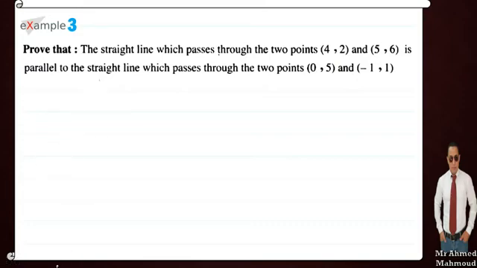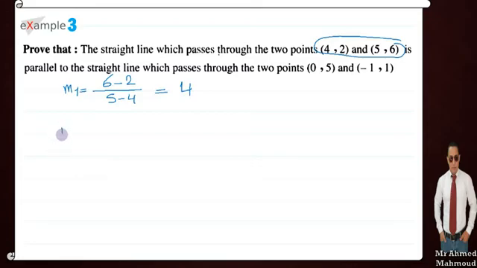To prove the two lines are parallel, I'm going to find m1. m1 from those two points equals 6 minus 2 over 5 minus 4, which is 4 over 1, which is 4.